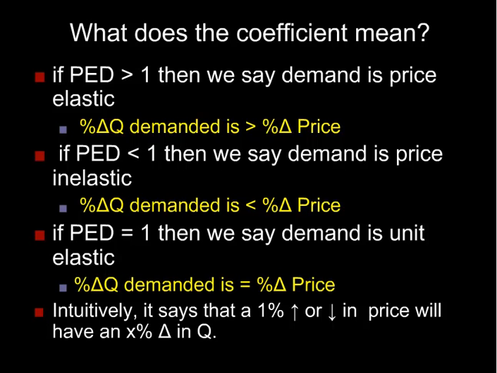Let's just use an example: if we get an increase in price of 1%, and the proportionate change in the quantity demanded actually falls by, let's say, 2%, then we've got a number which is negative 2. The numerator, the percentage change in the quantity demanded, is negative 2 because the denominator, the percentage change in price, has gone up by 1%. So that indicates that we've got an elastic demand.